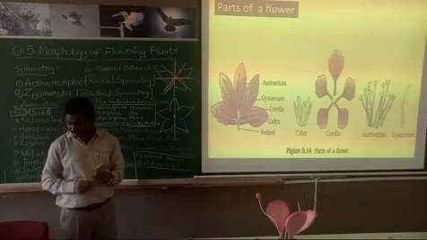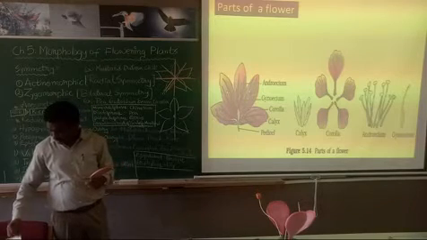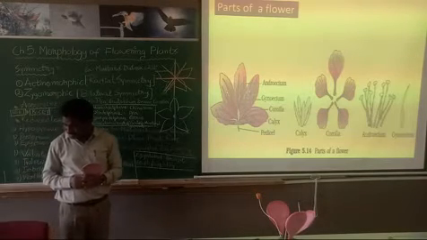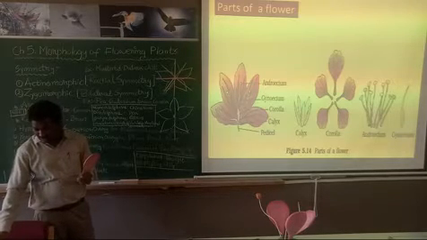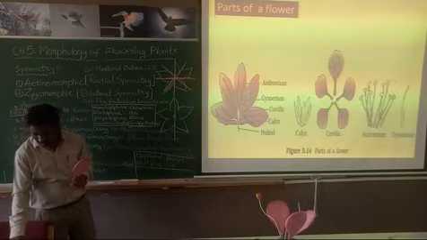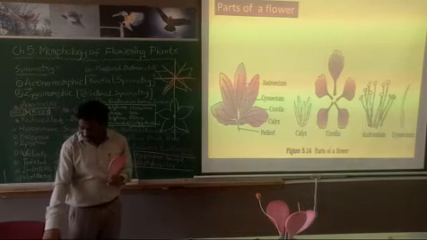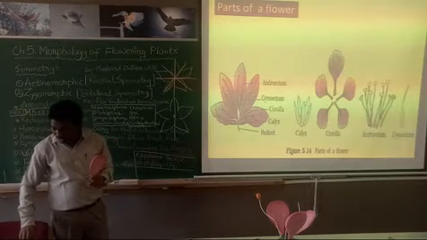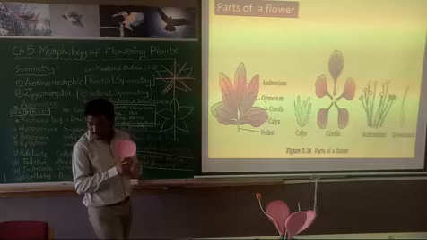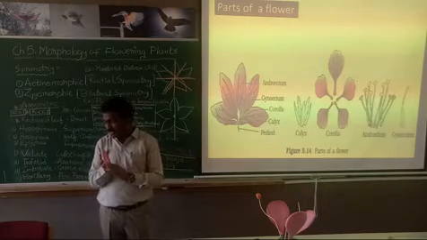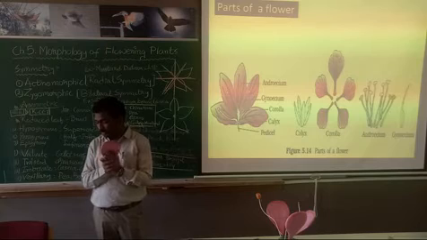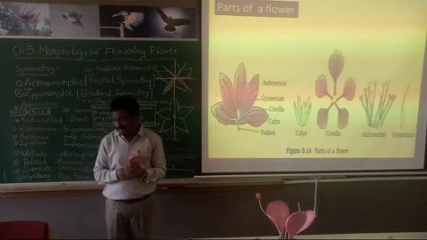If the petals are free, that nature is called polypetalous. And next, another important one: if the petals are united together as one bunch, like in datura, you can see datura flower.